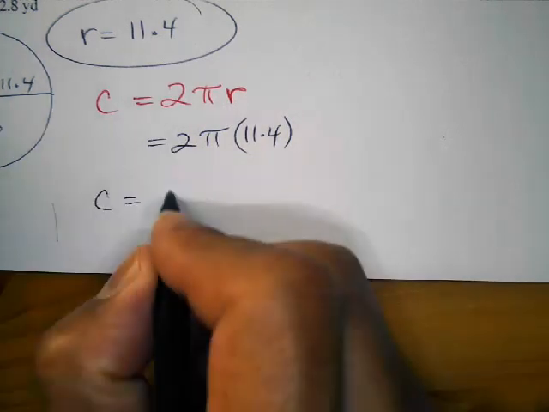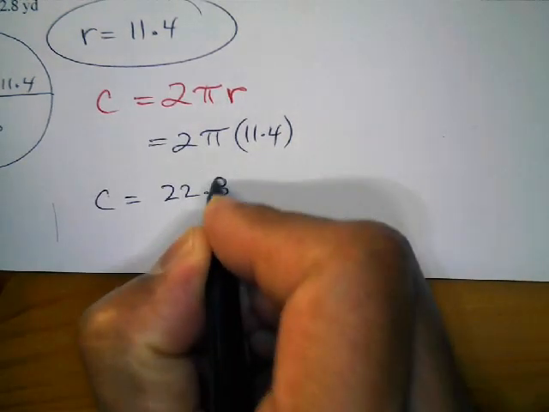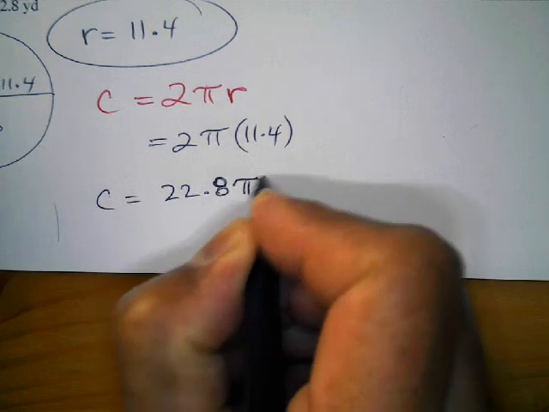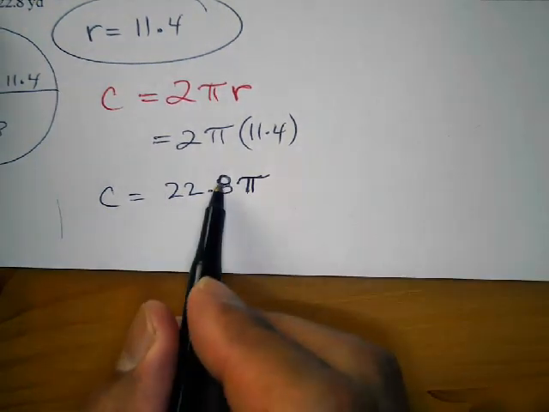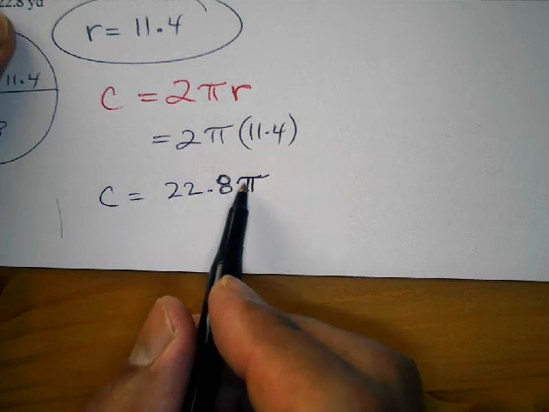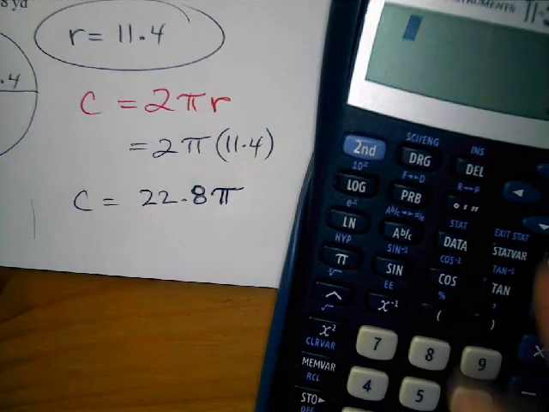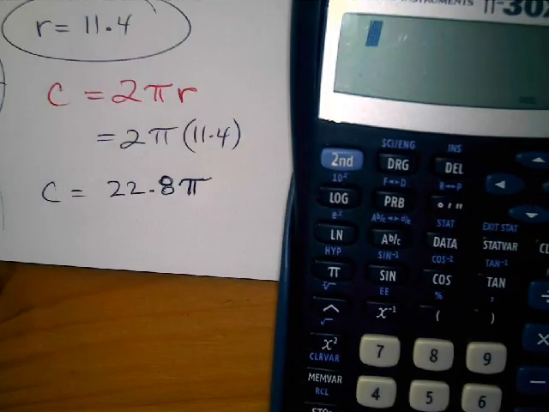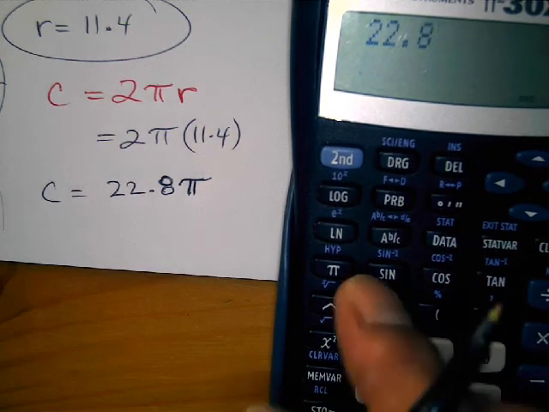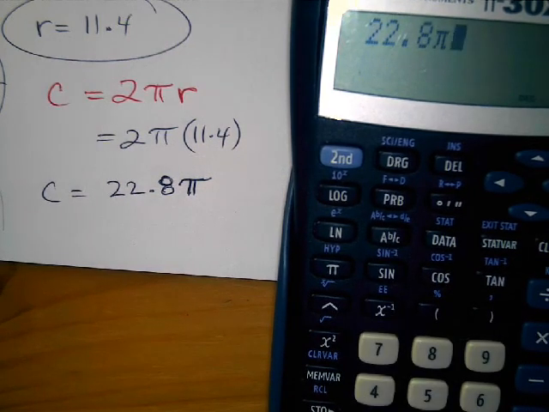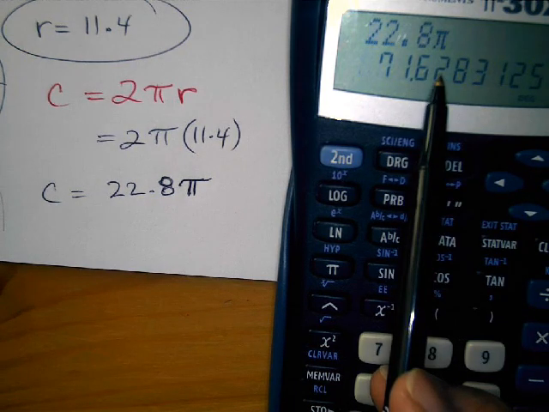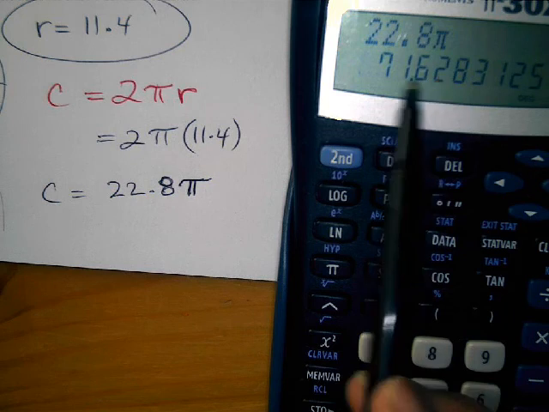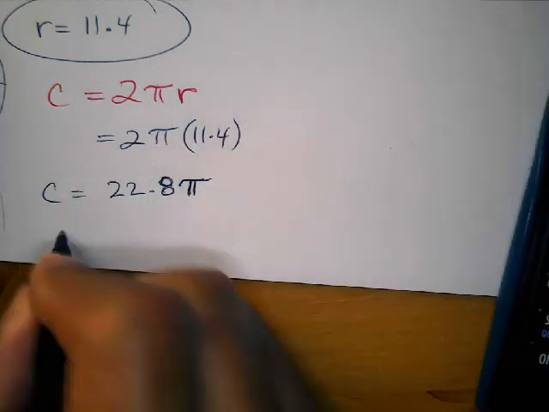Wow. Circumference is going to be, well, when you multiply 11.4 times 2, it happens to be 22.8. But don't forget, it has the pi on there now, so it's going to change that number. You got to do 22.8 times pi. Let's see, that is 71.62, but look at that 8.